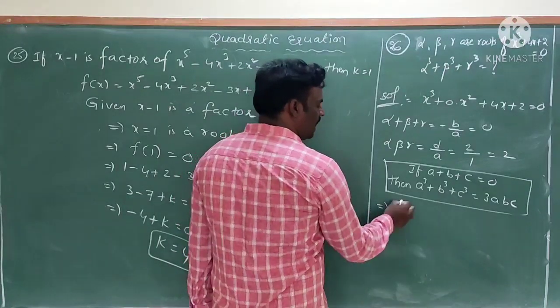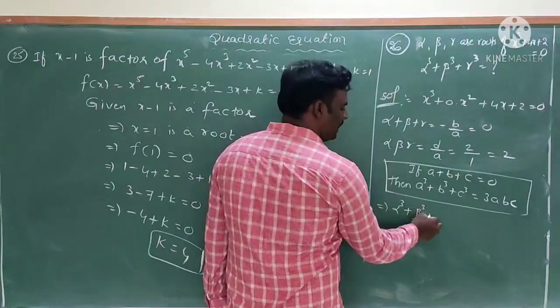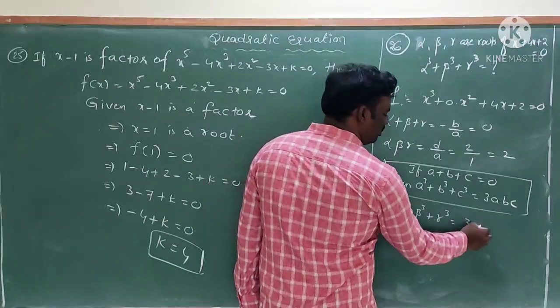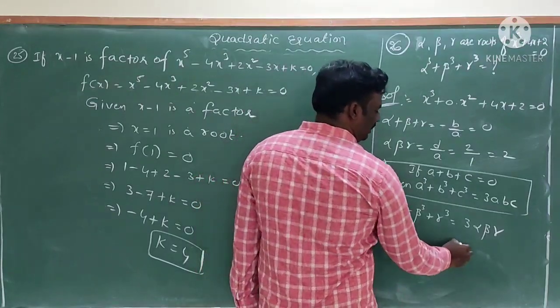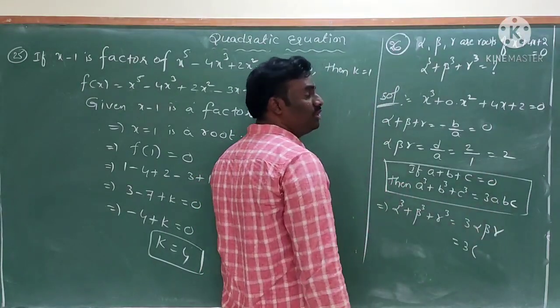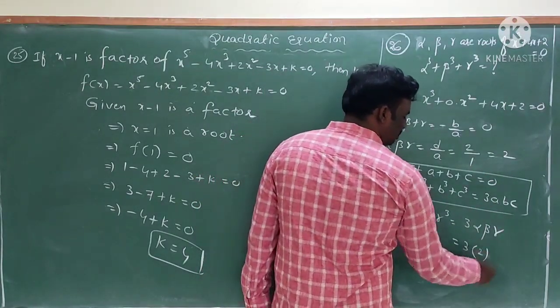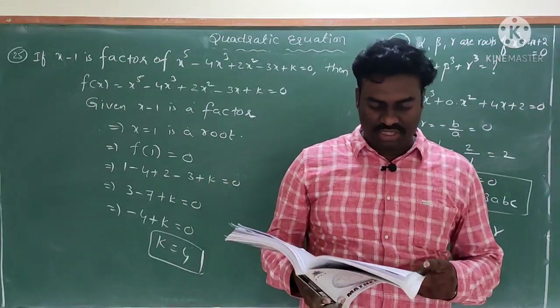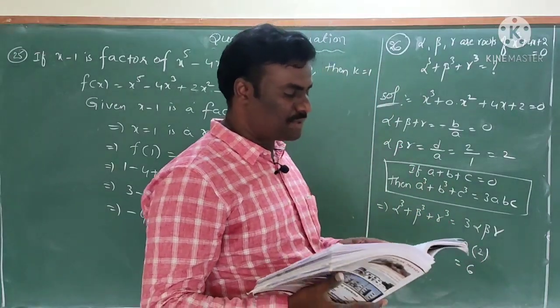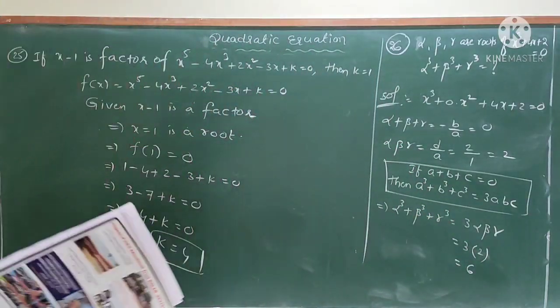That implies alpha cube plus beta cube plus gamma cube is equal to 3 alpha beta gamma. That equals 3 into alpha beta gamma, that is nothing but 2. Then 3 into 2 is 6, the answer for this question. That is nothing but option 3 is the correct answer.